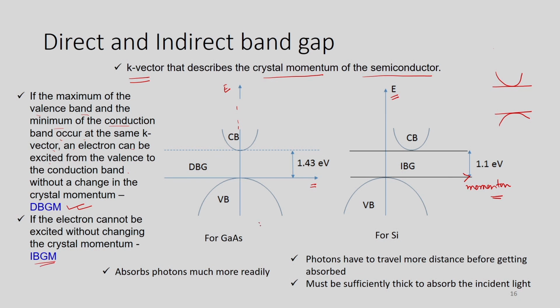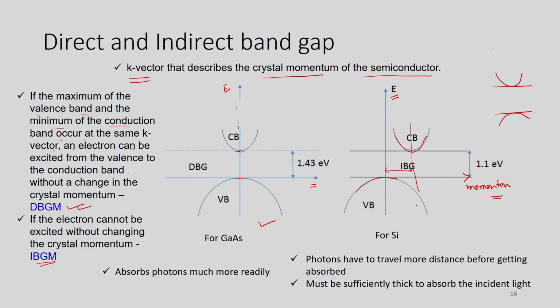In the case of a direct band gap material, as you can see, the peak of the valence band and the bottom of the conduction band are in the same line, so photons are absorbed much more readily. In the case of an indirect band gap material, the peak of the valence band and the bottom of the conduction band are far away.